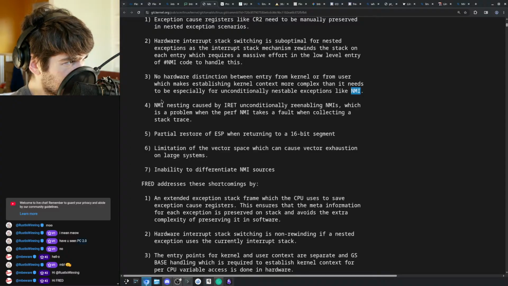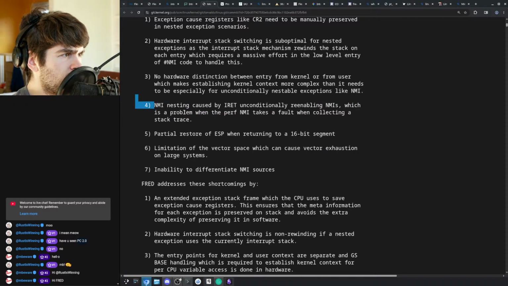NMI nesting caused by IRET. So that would be interrupt return, okay? Unconditionally enabling NMIs. I have no idea.